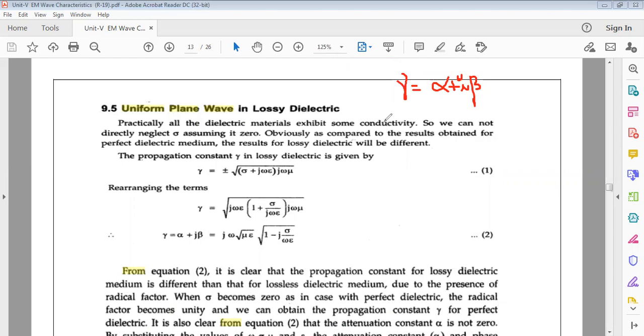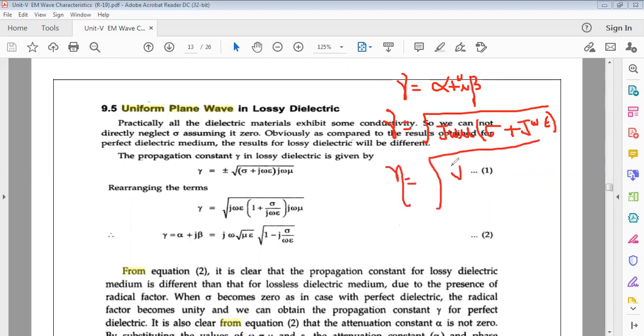The propagation constant gamma is equal to the square root of j omega mu multiplied by sigma plus j omega epsilon. The intrinsic impedance eta is equal to the square root of j omega mu by sigma plus j omega epsilon.